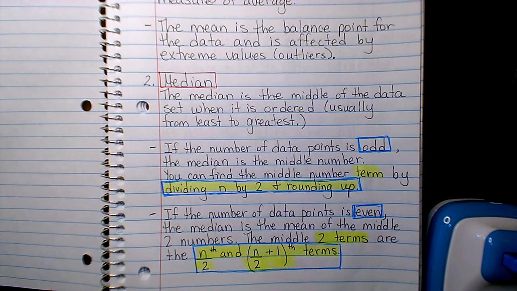And I'll show you this in this specific example. If it's even, the 2 middle terms that you're going to find the mean of are the n over 2 and the n over 2 plus 1 term. So the n over 2 is the one we just found there. So it's going to be that one and the next one that you're going to take the mean of, to add up and divide by 2.